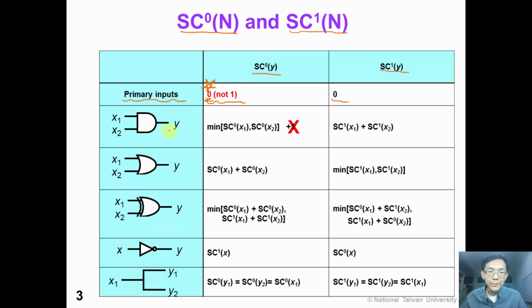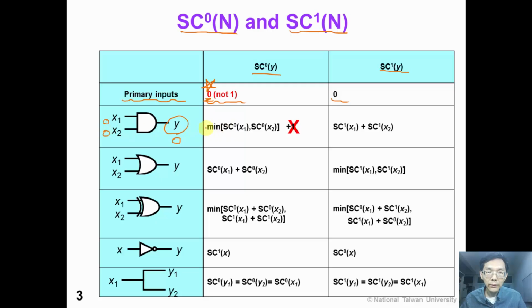For an AND gate, if we want to control the gate output Y to 0, because this is a controlling value, we can either assign gate input X1 to 0 or gate input X2 to 0.